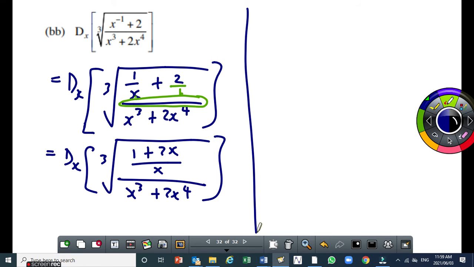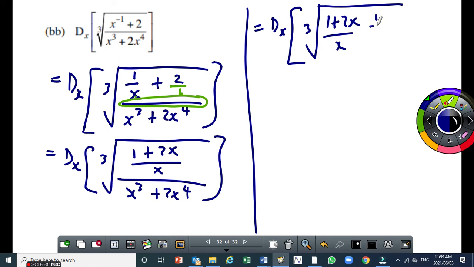Then from here now, I need to do some division. So that will be d of x of the cube root of 1 plus 2x over x divided by x cubed plus 2x to the power of 4. You have to put that x cubed plus 2x to the power of 4 in brackets because it's a binomial.